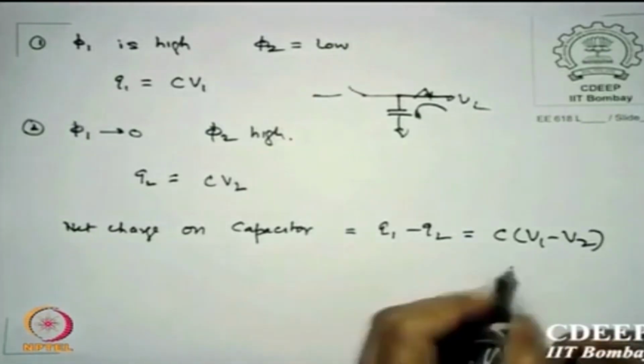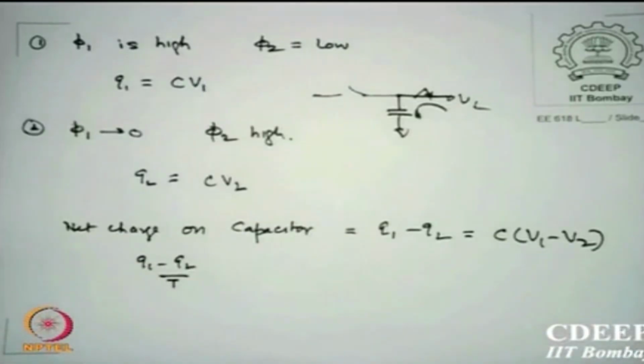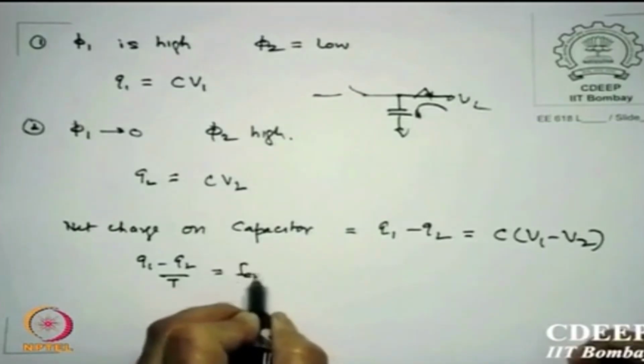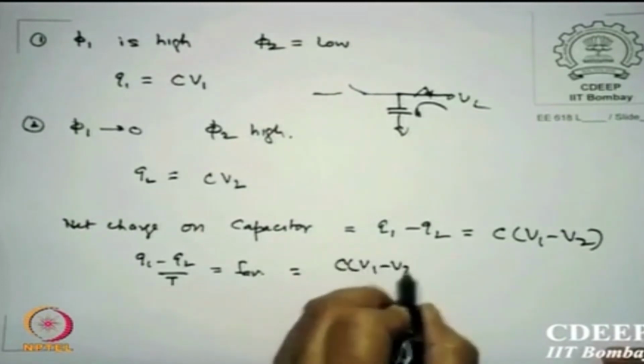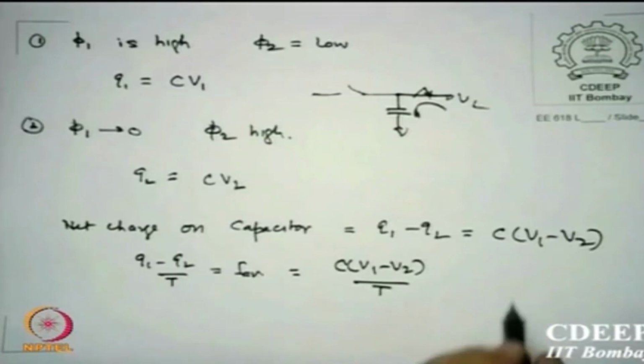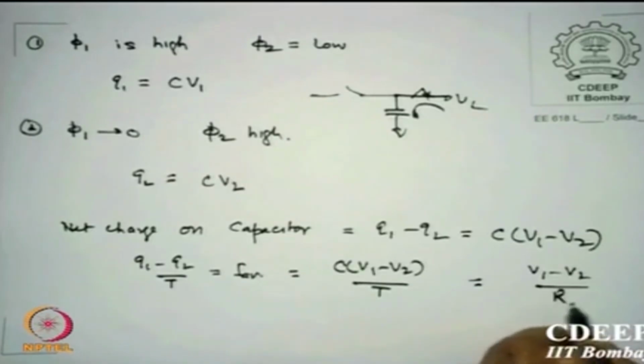In one clock cycle of the phase, Q1 minus Q2 divided by time is the average current flowing through this. So this is the average current, which is essentially equal to C (V1 minus V2) divided by T. But we know from our earlier theory, current is essentially (V1 minus V2) by R, the equivalent resistor of our switched capacitor.